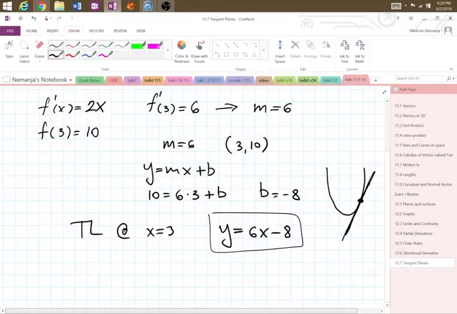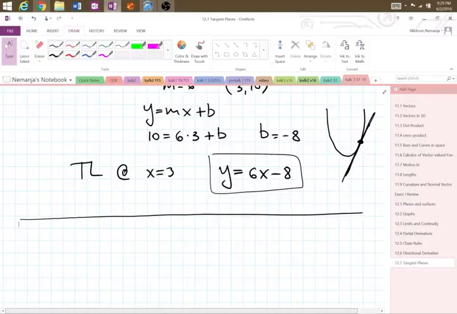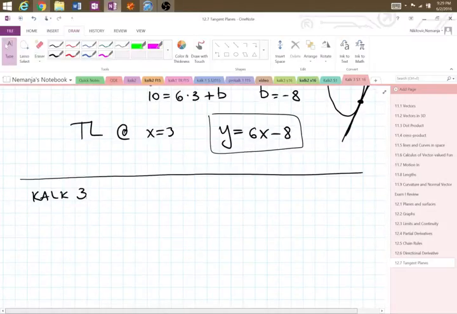If the function that we have is the path for a particle or something, then the tangent line is the direction of the velocity. So now we are moving into Calc 3 to talk about tangent planes.